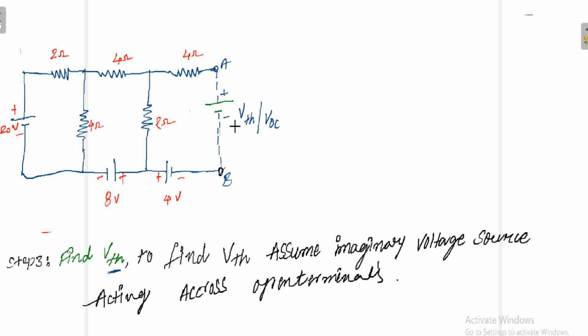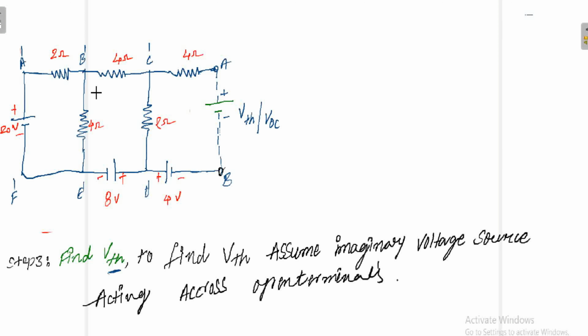Now, to find this VTH, we need to apply KVL. Let us see how many loops there are. For example, A, B, C, C dash, B dash, D dash, E dash, F dash.